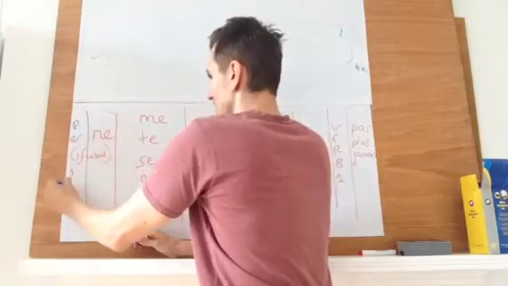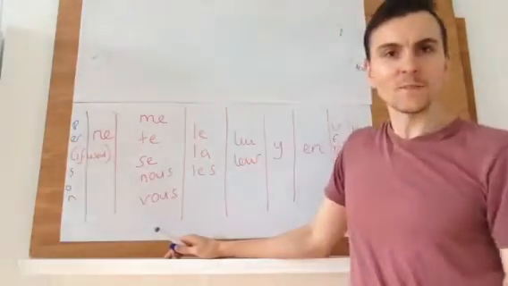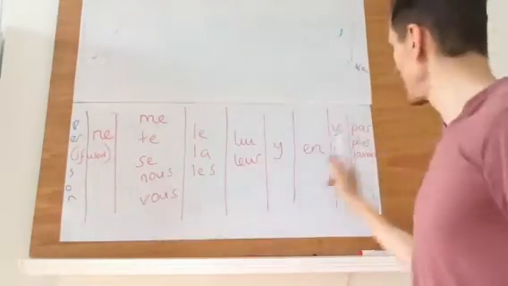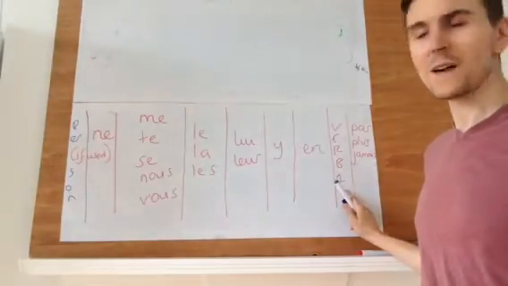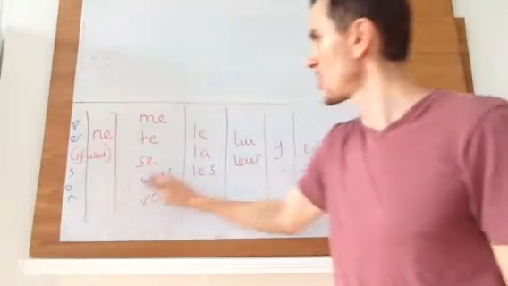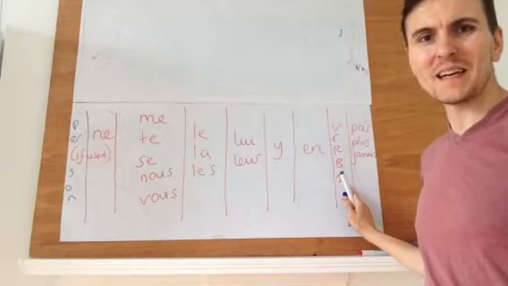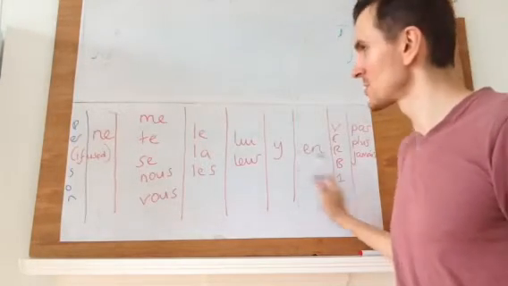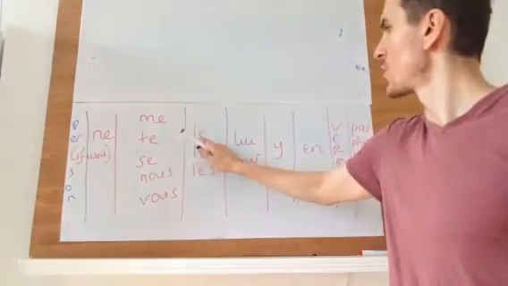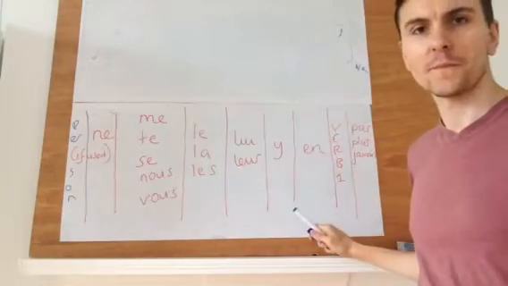So it might just be you have I and a verb, and the verb is over here. So I speak, je parle, okay? I speak it, let's say we're talking about French, je le parle, okay?